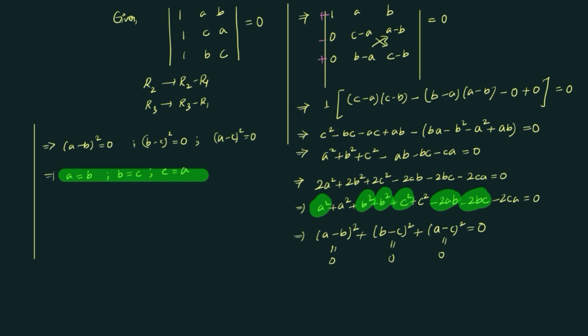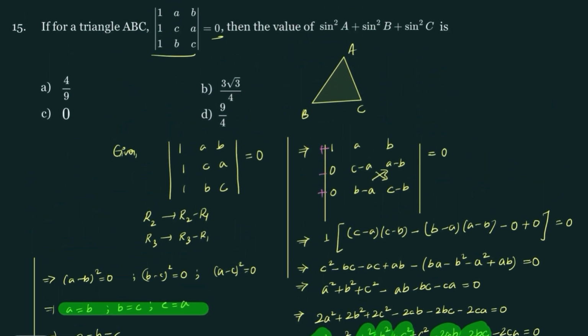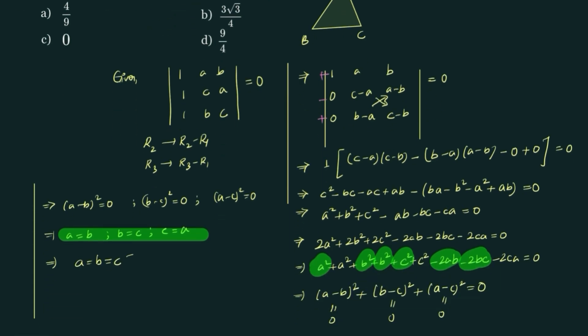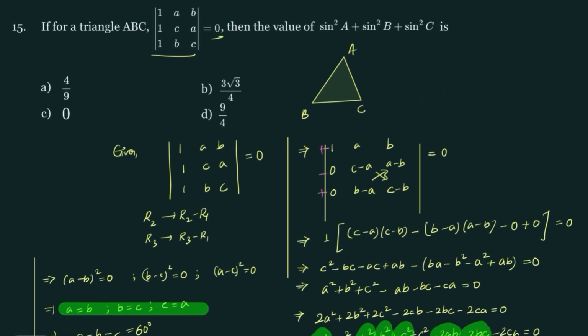Seeing all these equations, we conclude that a equals b equals c. A, B, C were the angles of the triangle. Since all three angles of this triangle are equal, this is none other than an equilateral triangle. That means the value of A, B and C will be equal to 60 degrees, because all the internal angles of an equilateral triangle are 60 degrees.